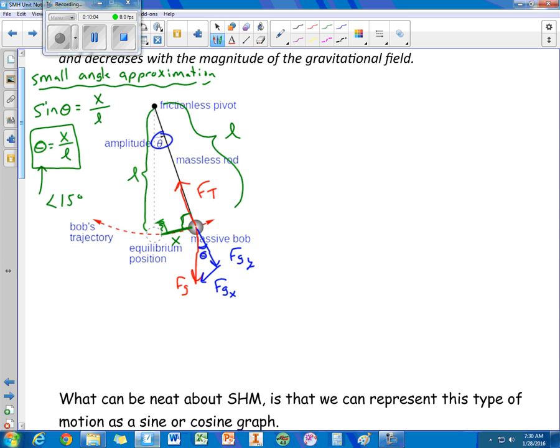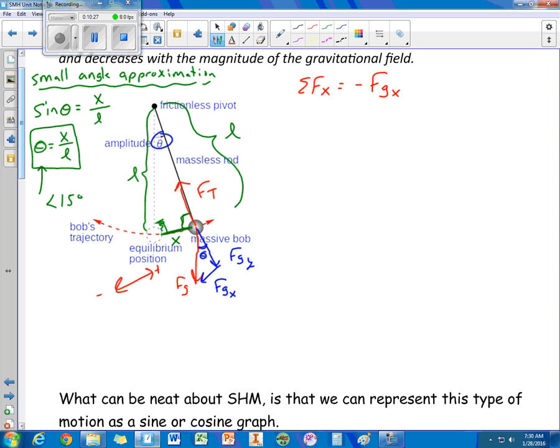All right, I think we have everything we need, so we can go ahead and get started. Again, I'm going to say that everything to the left is negative, everything to the right is positive. So if I take a look at the net force on an x-axis, which you can see I've kind of rotated, that's going to equal negative F_Gx.